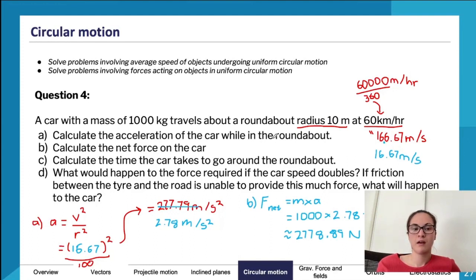But yeah. Now to answer the second question, if friction between the tyre and the road is unable to provide this much force, what will happen to the car? Well, this is essentially just about the concept of speeding. If you go too fast on a road that can't handle that much force, that much acceleration, the car will go out of control and just spin and eventually crash.